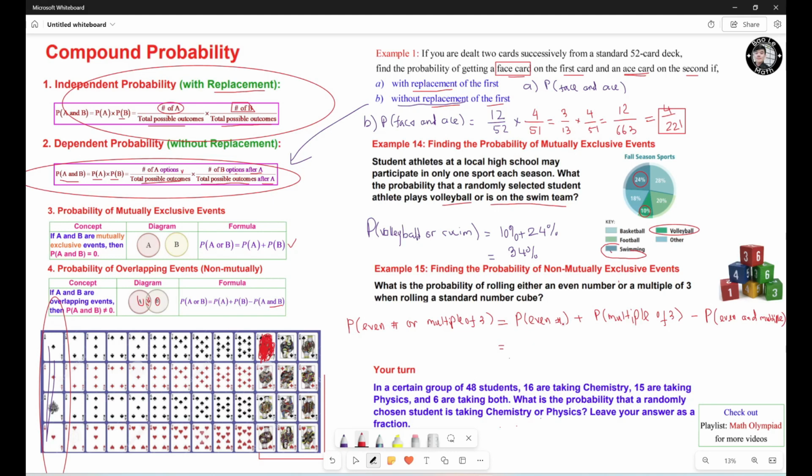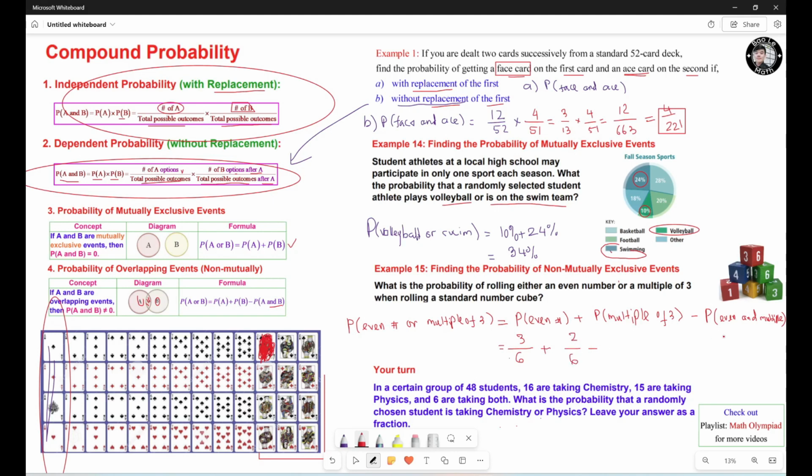Probability of even number. We have 3 even numbers, which are 2, 4 and 6. So it's 3 out of 6. Now, multiple of 3. We have number 3 and number 6, which is 2 over 6.